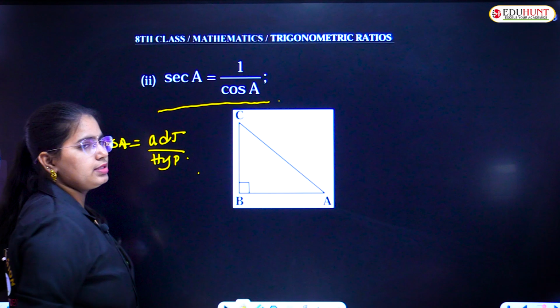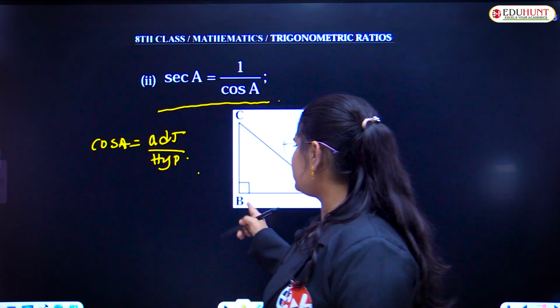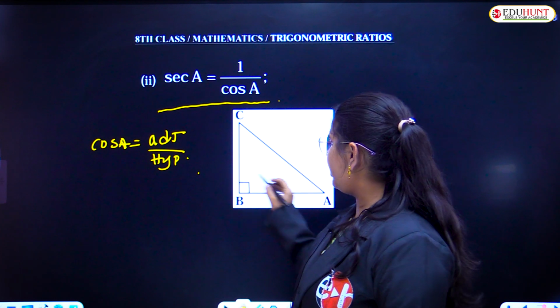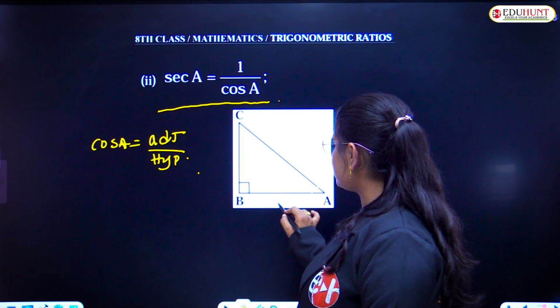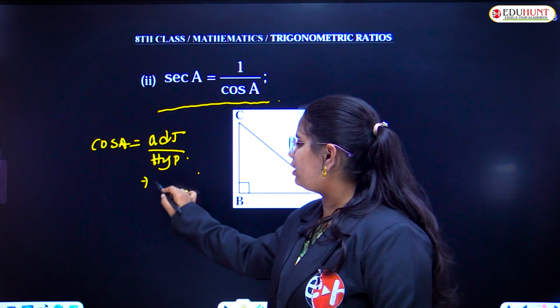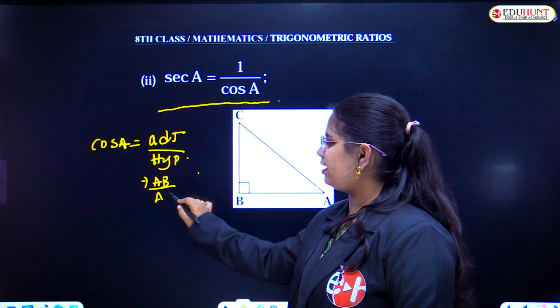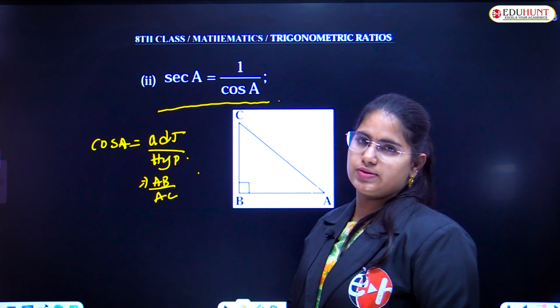What is the adjacent side from this figure? This is the adjacent side, AB, and the hypotenuse is AC. So cos A is AB upon AC.